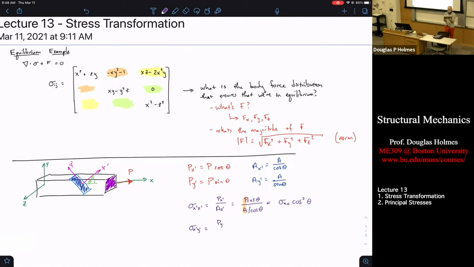That's going to be your force in the y direction, but your shear stress is the force in the y direction divided by the area in x, right? Because it's parallel. Shear is going to be the force divided by the area that's parallel to that force. So we don't actually need to use a y prime. We use an x prime again.